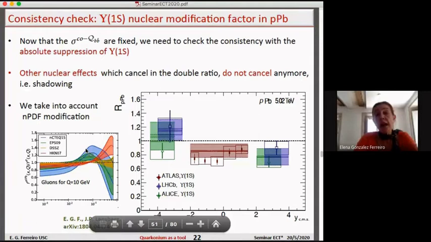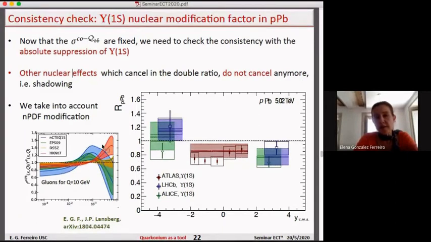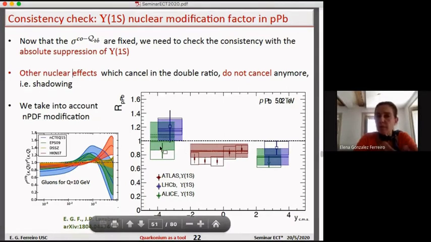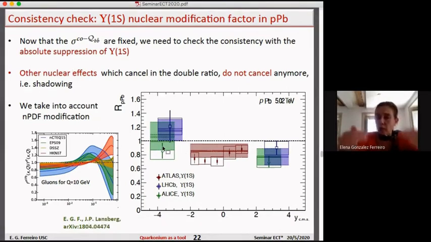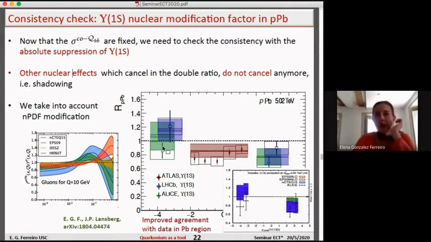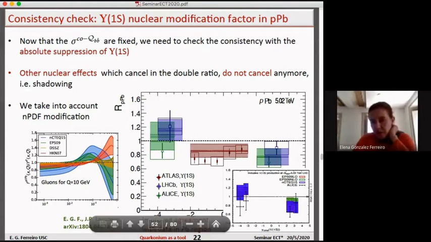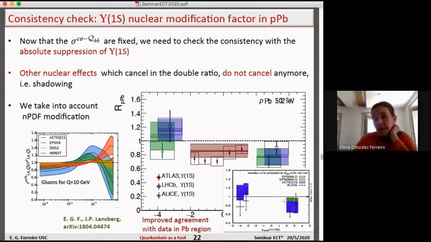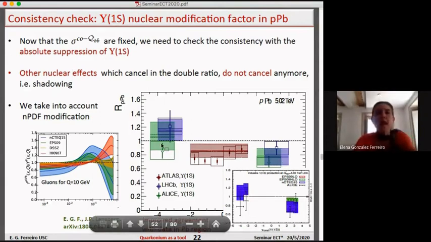And here in the backward region, since you have more multiplicity, the comover interaction goes in the right direction. Next step. Sorry, that was the result before putting comovers. You can see that here the comover densities are low, so not a very strong effect. But in the backward region, the effect is here a little bit, for the Upsilon 1S.